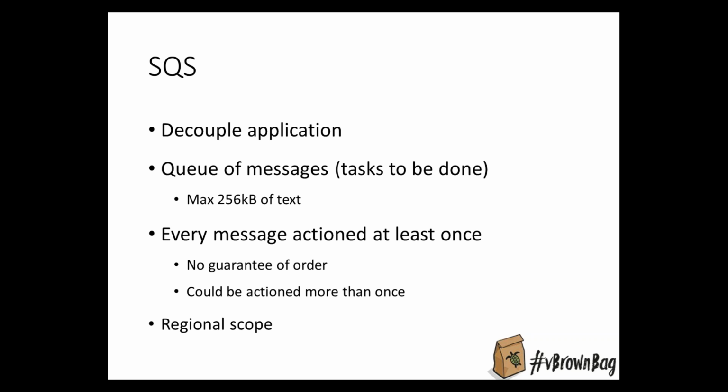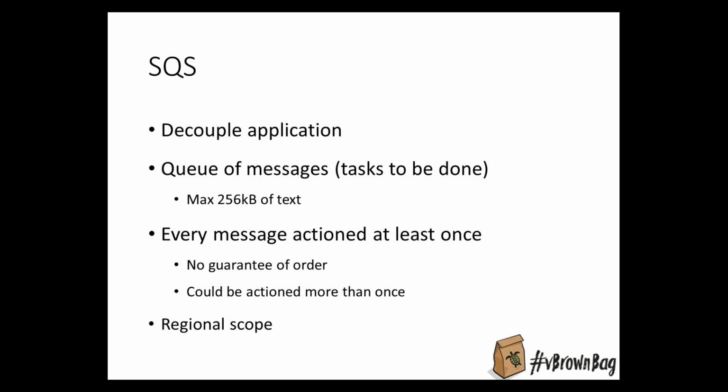And then the other thing to be aware of with SQS is that it is regional in scope. So its scope is not just a single availability zone, and instead its scope is the complete region. So maybe US Oregon or US East for the Virginia region, or down my way in Australia East in Sydney.